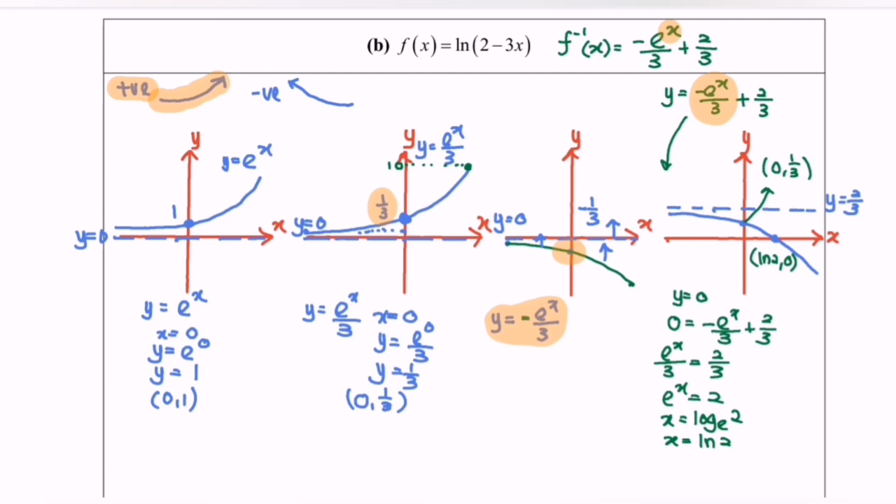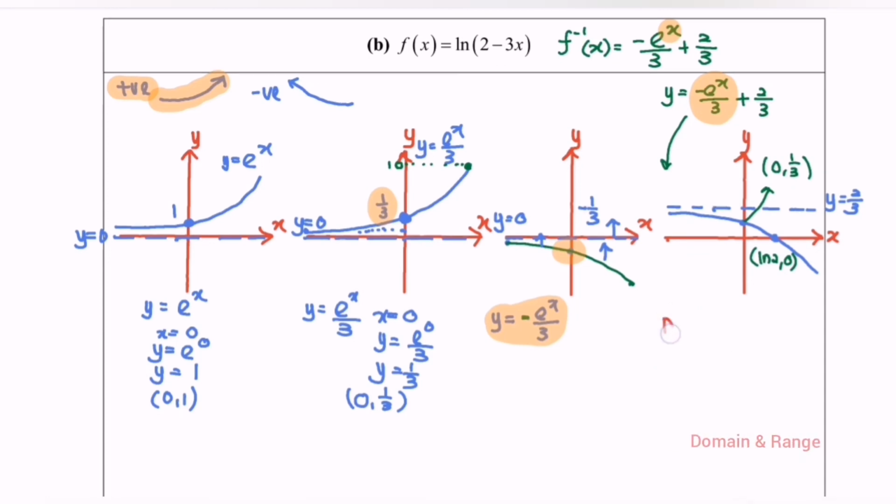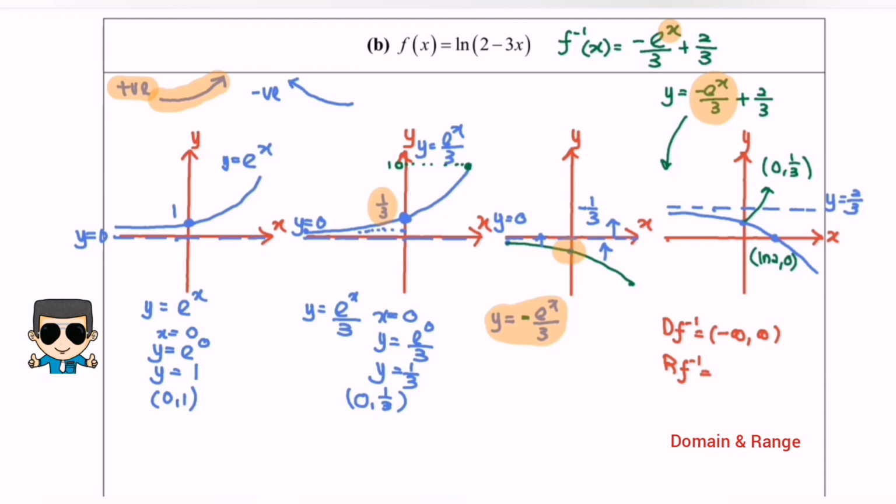Now we're going to talk about the domain and the range. The domain for the f inverse refers to the value of x from left to right, so it will be negative infinity until infinity. For the range for f inverse, we need to refer to the value of y.